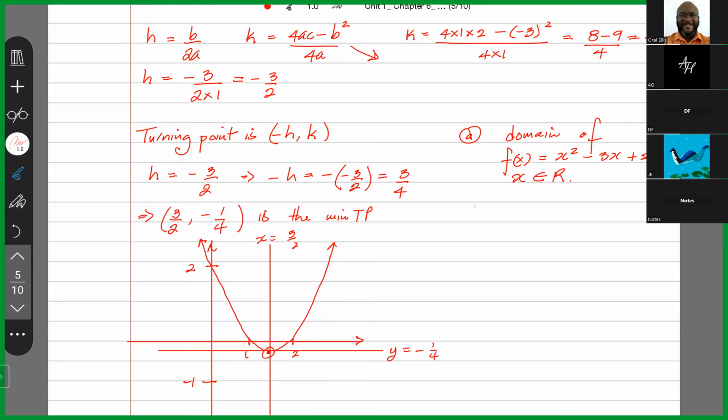So therefore, it means that the range, the values of y where this graph exists, the range of f of x is y is greater than or equal to minus a quarter.